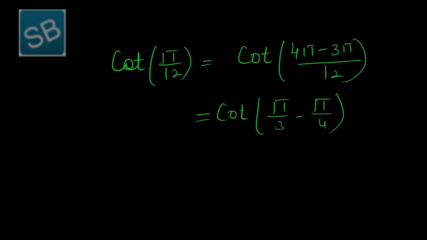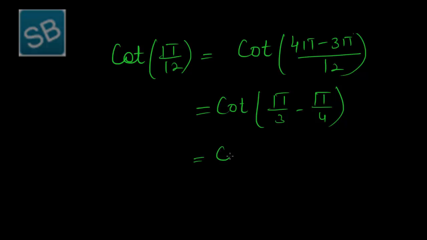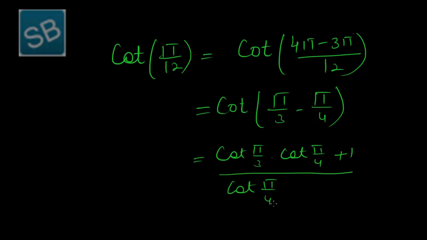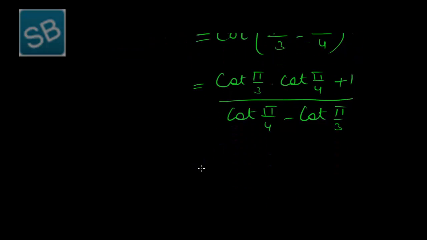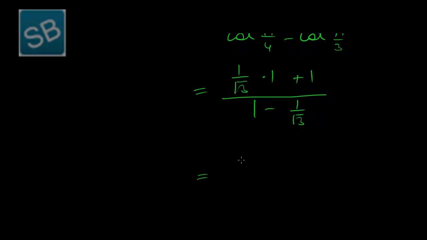Again cot(A minus B) is cot A into cot B plus 1 over cot B minus cot A. So we get, with cot pi by 3 as 1 over under root 3 and cot pi by 4 as 1, 1 over under root 3 plus 1 over 1 minus 1 over under root 3. On taking LCM, we get 1 plus under root 3 over under root 3 minus 1.